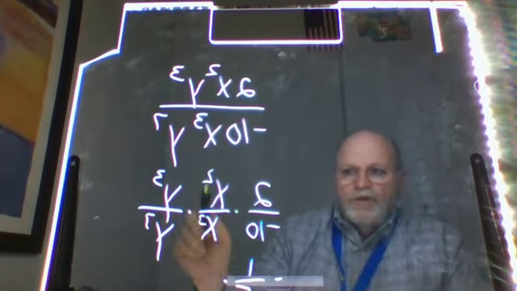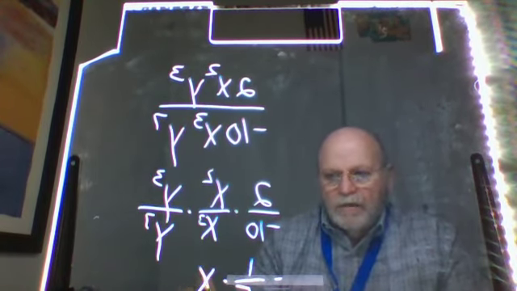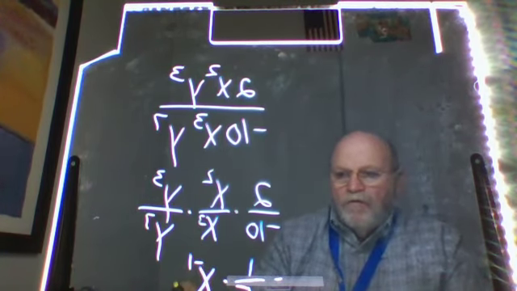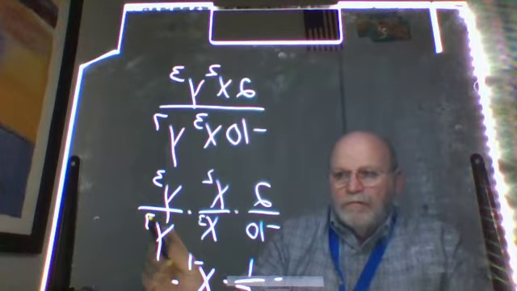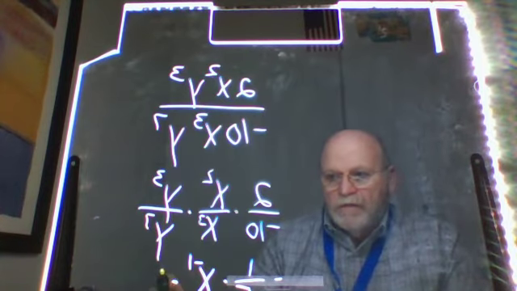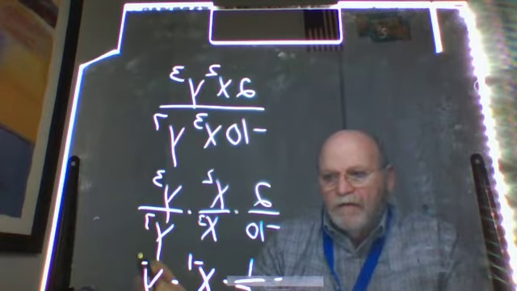Remember, 2 minus 3, so we get x to the negative first. And then y cubed divided by y to the 7th. That's 3 minus 7, so that's y to the negative 4th.